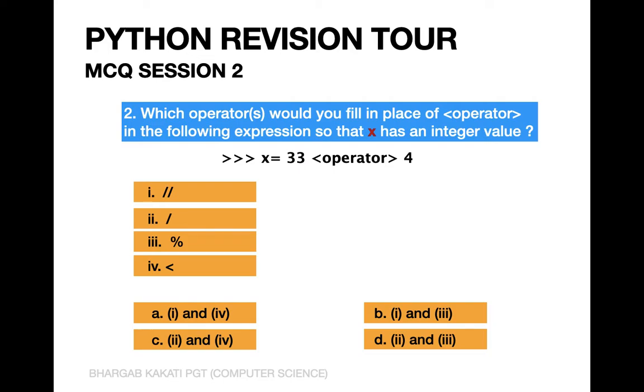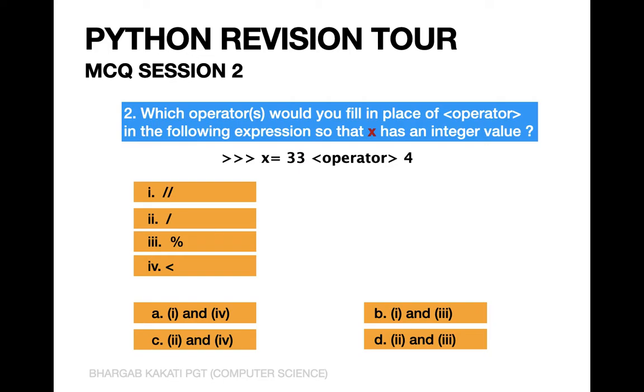If you use the division operator, you will get the result exactly, so the second option you cannot use. The third option is the percentage symbol. The percentage symbol finds the remainder by dividing the first number by the second number. So if I divide 33 by 4, I'll get the remainder 1, which is an integer value.